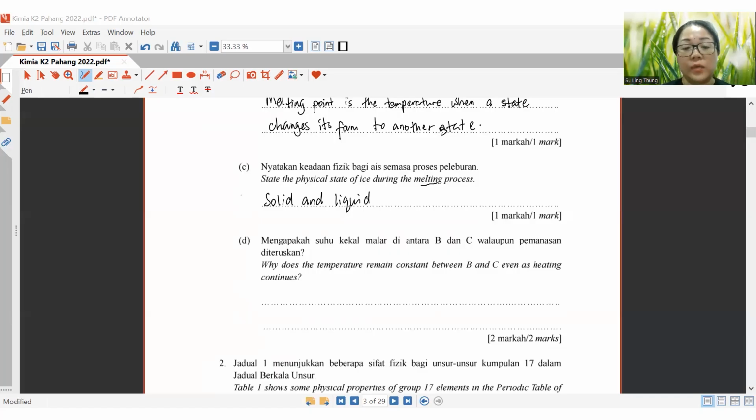Number 1, the heat energy is absorbed. As for point 2, to overcome the force of attraction between the particles.